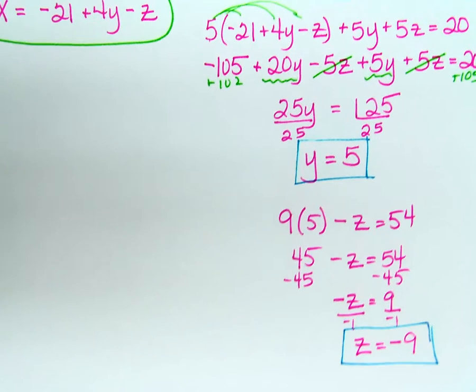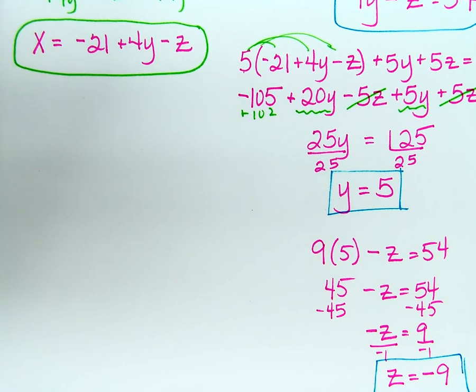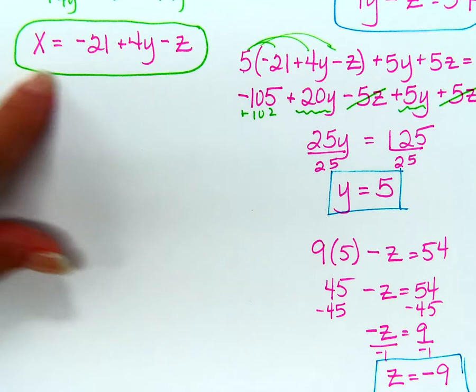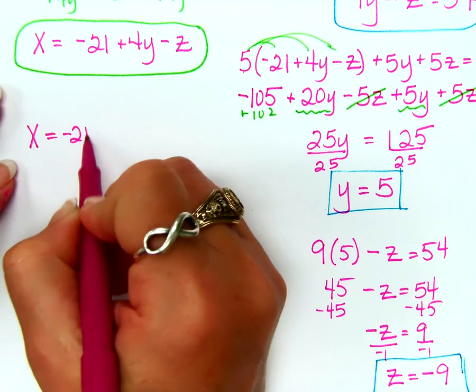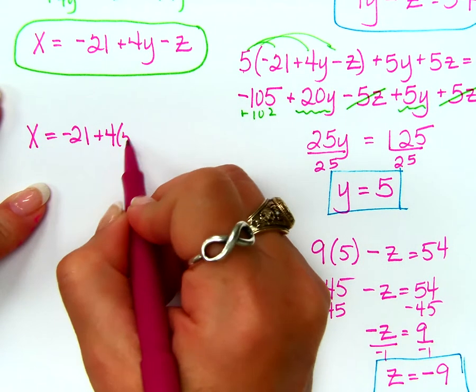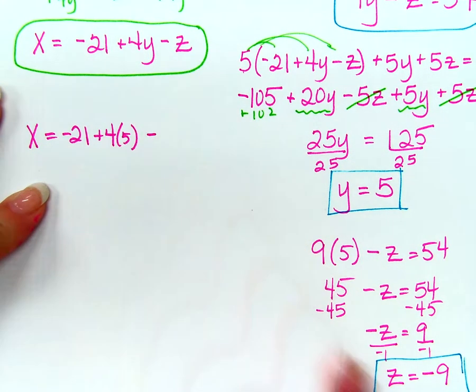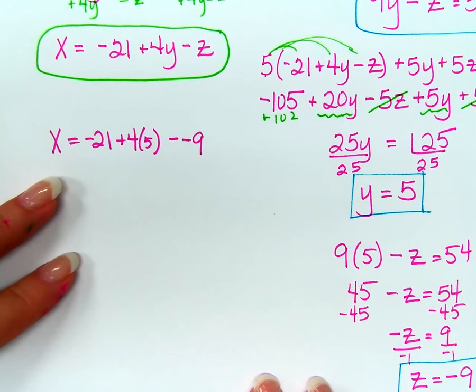Any way that you see that we can easily find x? Oh yeah, right up there. X equals negative 21 plus 4 times y, which is 5, minus z, which is negative 9. Oh, that's weird. I don't like that. What do I want to do instead?